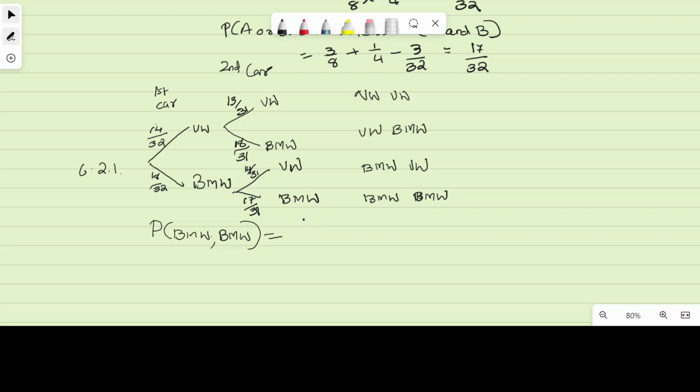First car BMW, the probability is 18 over 32, multiplied by second car also BMW, the probability is 17 over 31, which is equal to 153 over 496. You can leave it like this in simplified form. Then you can also write the rounded off answer to 2 decimal places, 0,31. That is 6.2.1.